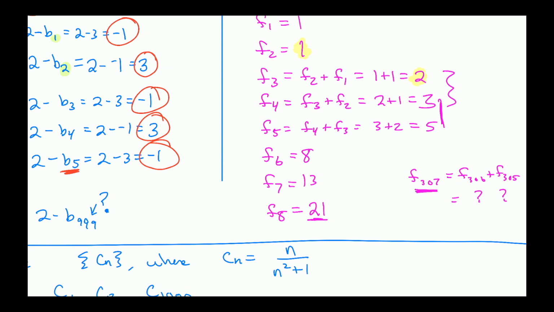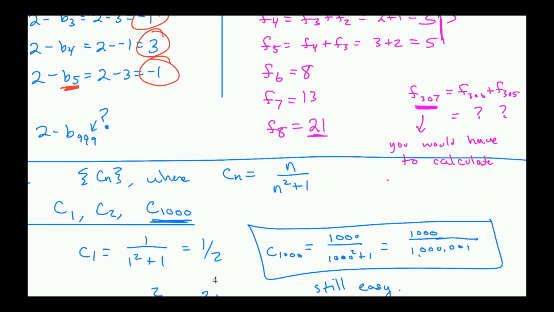If you wanted F307, you would have to calculate all of them from F1 up to F306 before you could calculate F307.